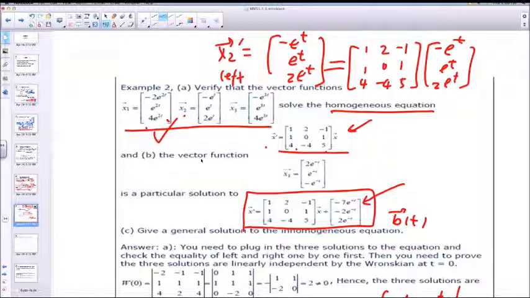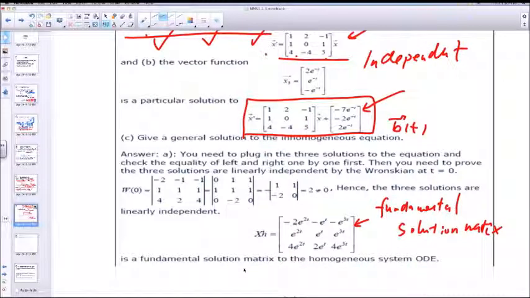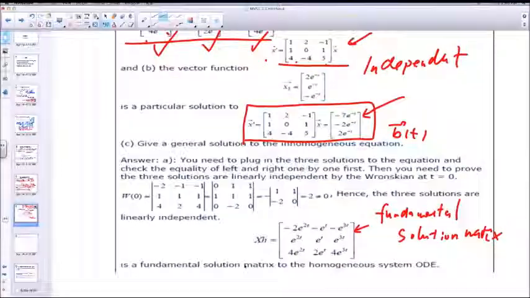And then you say, okay, here's a solution, here's a solution. Now you finish the check, you say, I got 3 solutions, I'm done. No, not necessary. Another keyword is independent. What does independent mean? You remember the Wronskian. You need to check the Wronskian. Take one point here, let t equal 0.